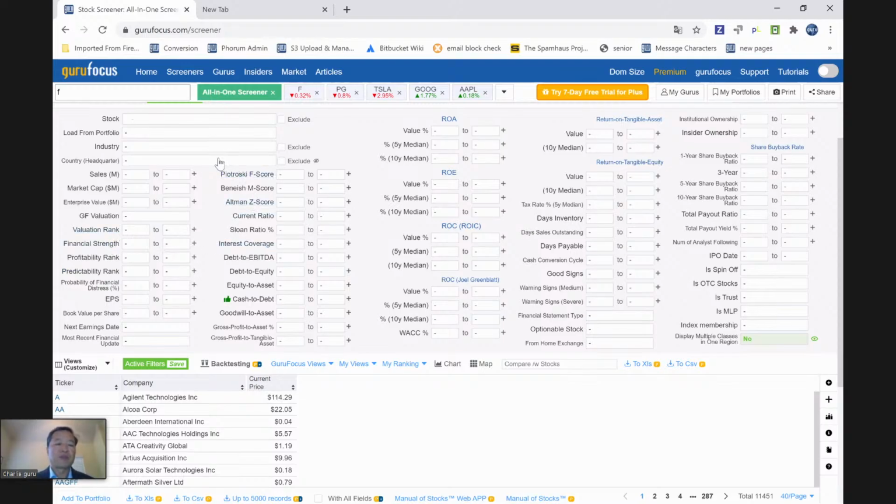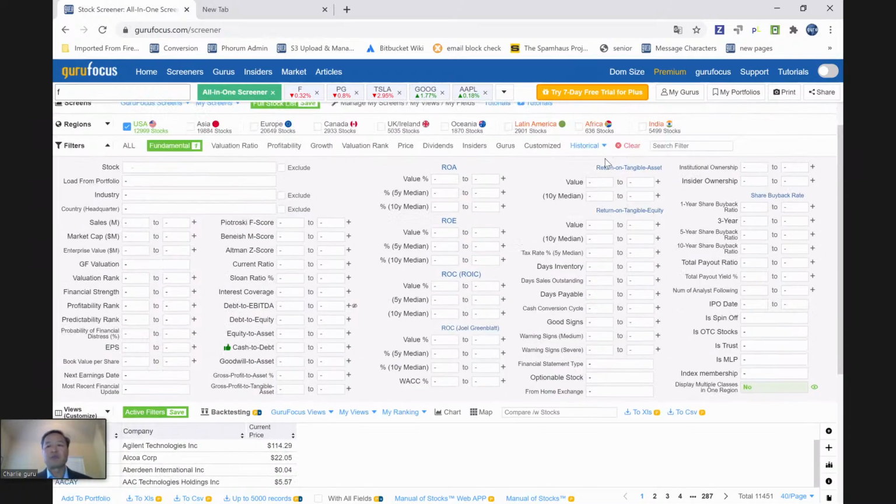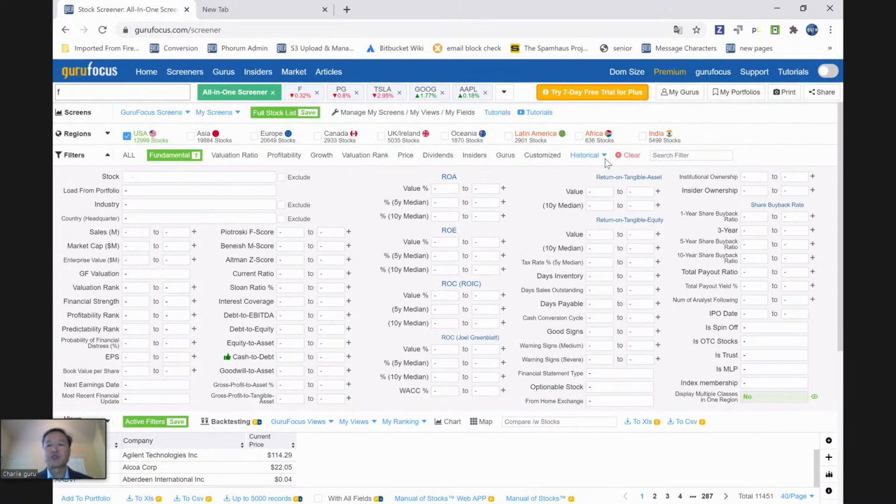And then the parameters that measure quality, like Piotroski F-Score, Beneish M-Score, Altman Z-Score, current ratio, and any ratio. If you want to find a ratio and cannot see it, you can always use the search filter here. You can type in, for instance, ROC, and it will show you all the related filters for ROC.